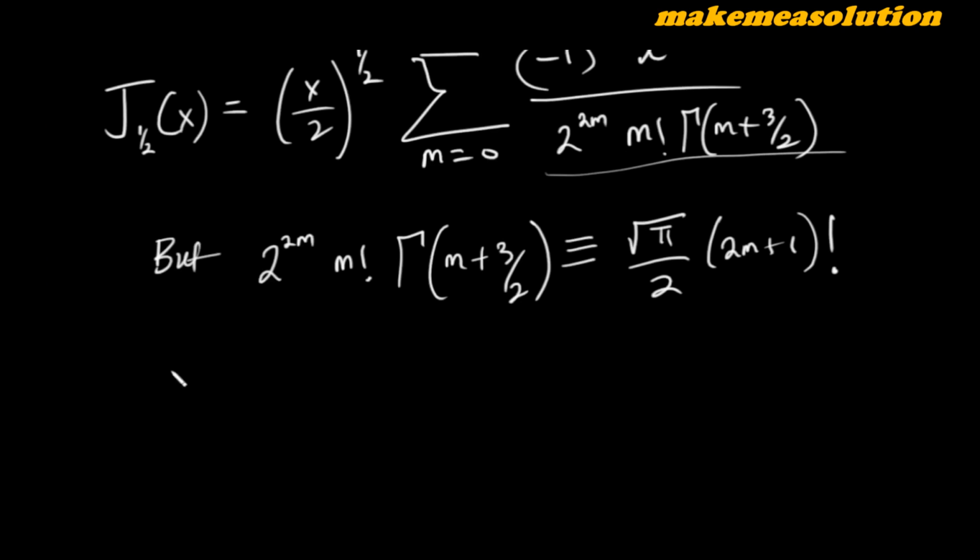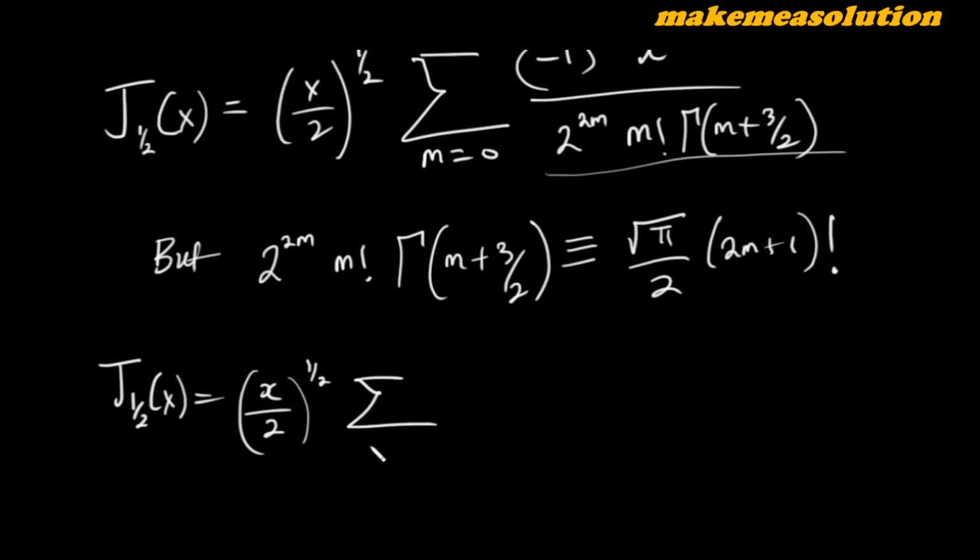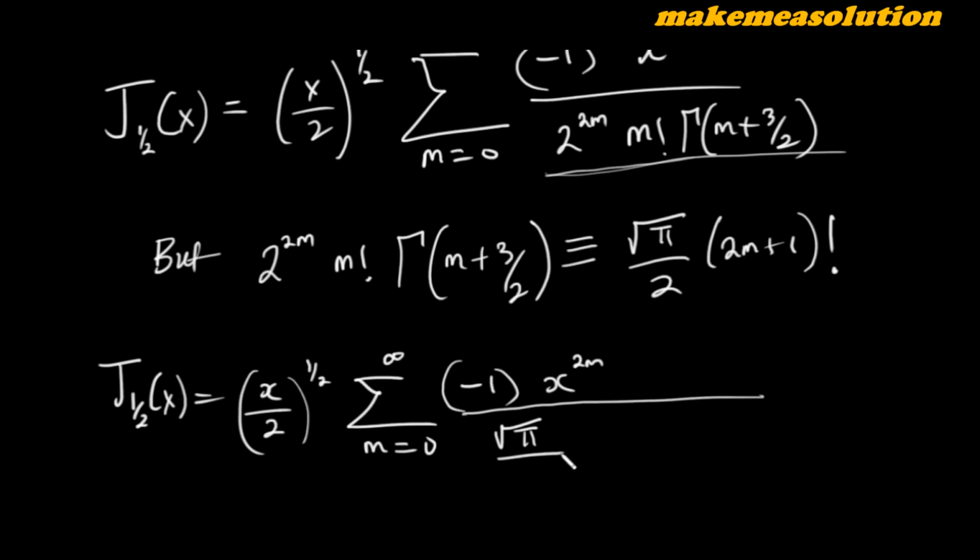When you substitute it back, you have J of 1 over 2 of x as x over 2 raised to the power of 1 over 2, then summation m equal to 0 to infinity, minus 1 to the m, x to the 2m, and instead of this, you're now going to have root pi over 2 times 2m plus 1 factorial. Are we together? So we're getting somewhere, right?